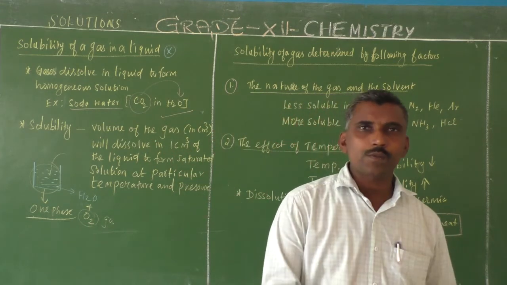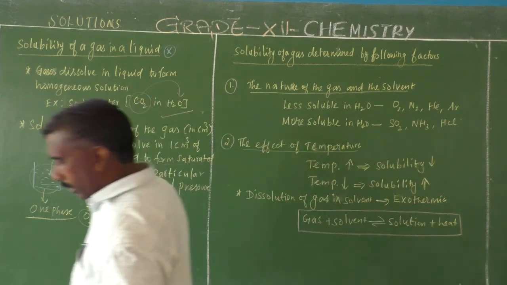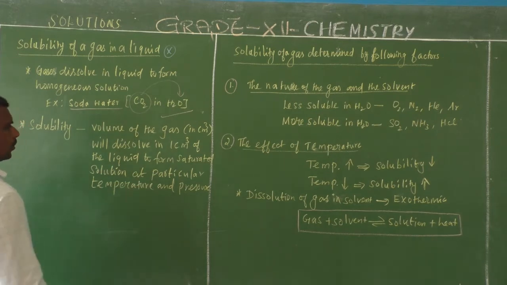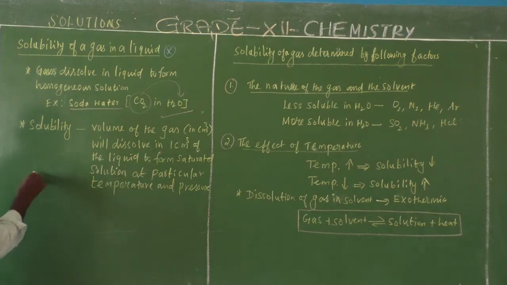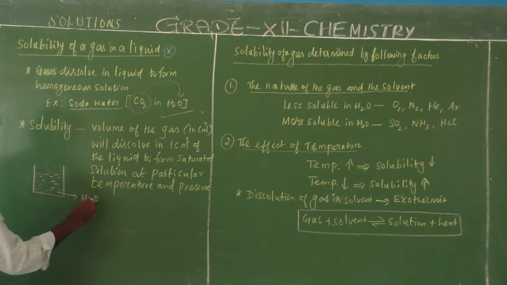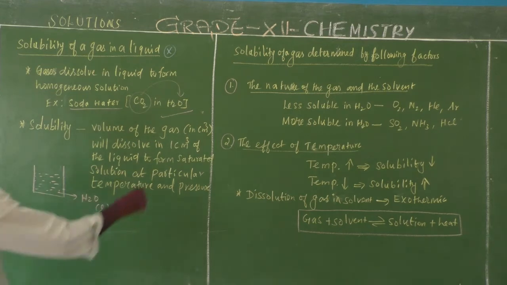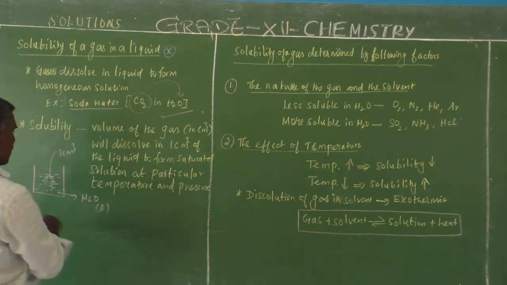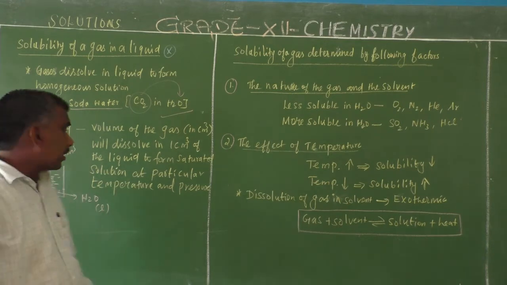Now, the definition of solubility of a gas: the volume of gas in cubic centimeters that dissolves in 1 cubic centimeter of liquid to form a saturated solution.